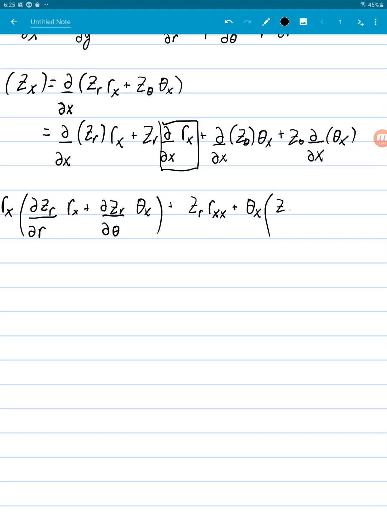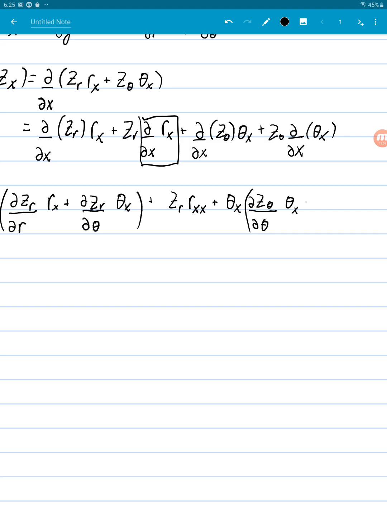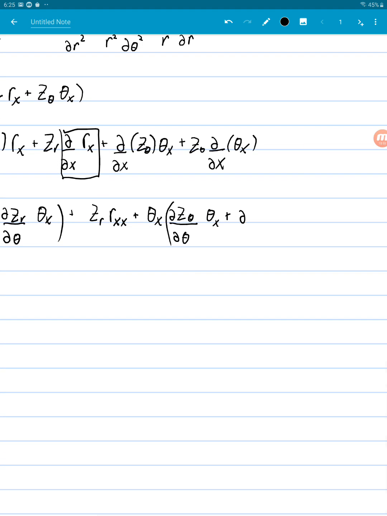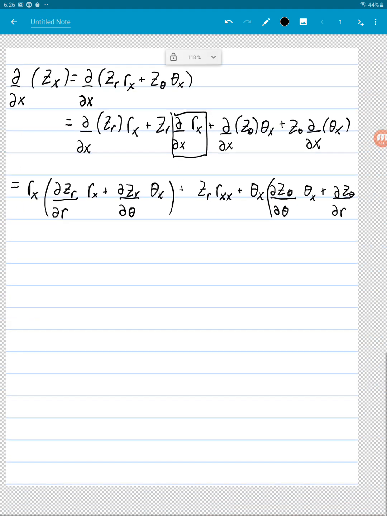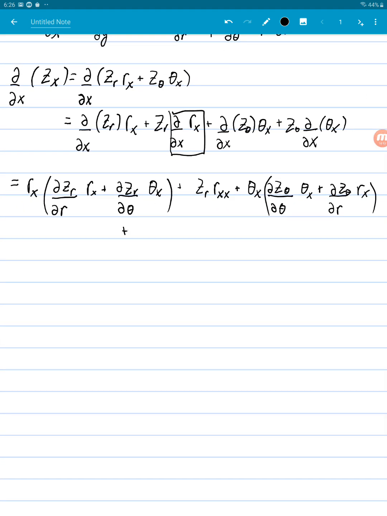We'll have dz theta by d theta, then theta sub x plus dz theta by dr times r sub x. And lastly, we'll have added on plus z theta, theta xx.